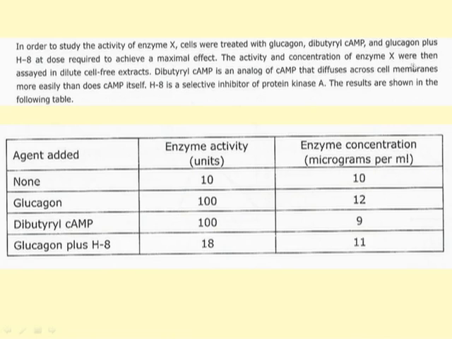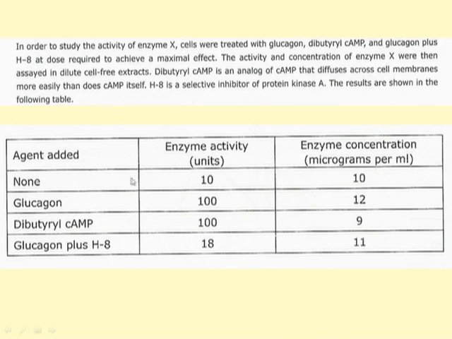The activity and concentration of enzyme X were then assayed in dilute cell-free extracts. Dibutyryl cyclic AMP is an analog of cyclic AMP that diffuses across the cell membrane more easily than does cyclic AMP itself. H8 is a selective inhibitor of protein kinase A. The results are shown in the following table.